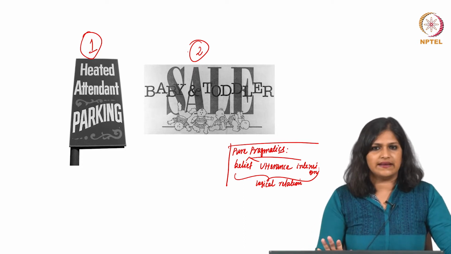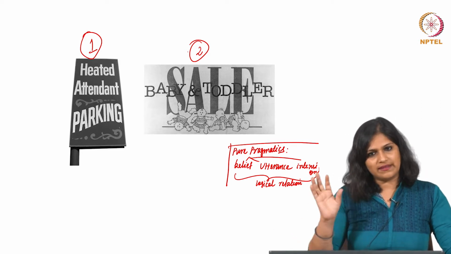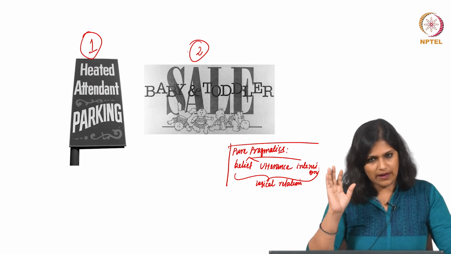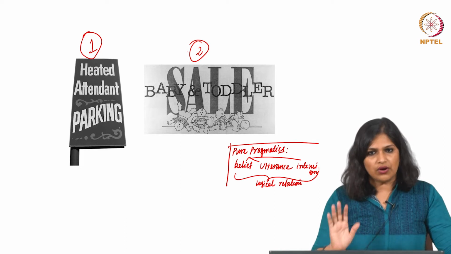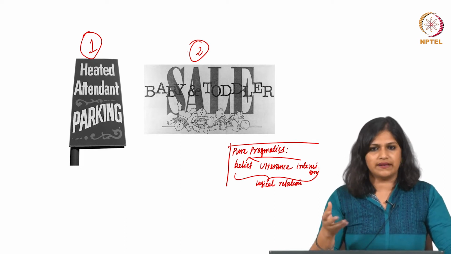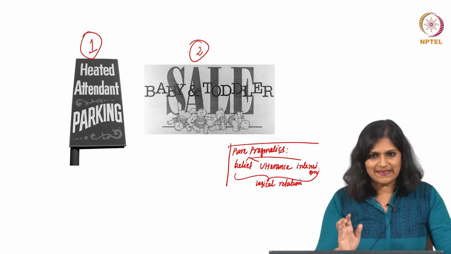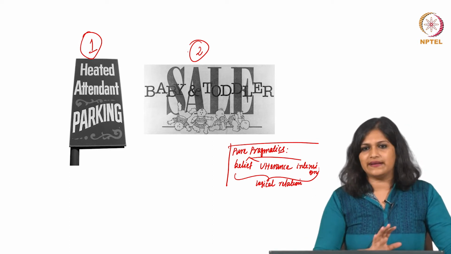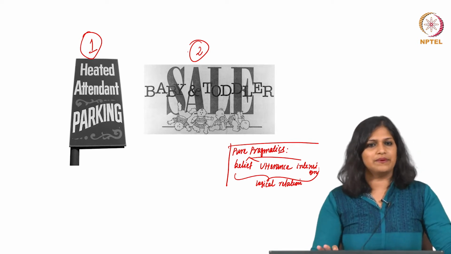Since this is a heated area, we have our attendants to help you park your car. Such a wonderful thing that you have people to help you out, and you have been warned not to park your car here because you might get a flat tire at the end of the day. So, all good things, but the way it has been written on the board gives a very different opinion, right. Now, let us move to the second picture that we have.